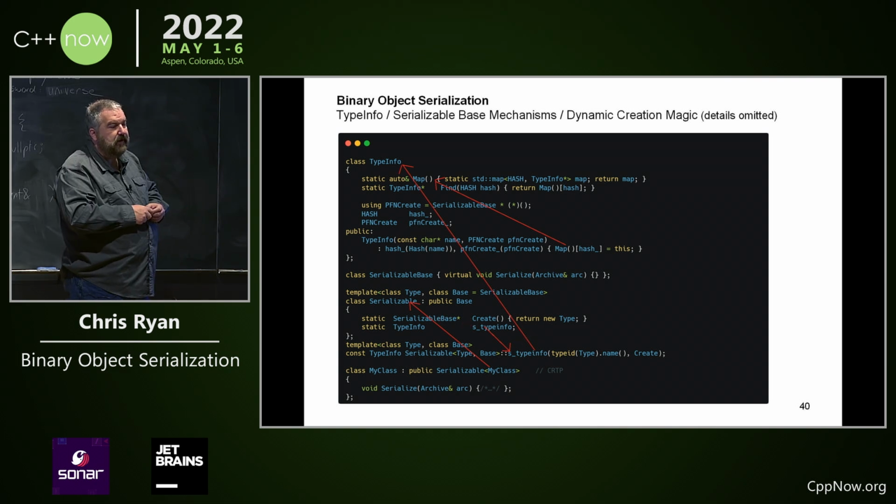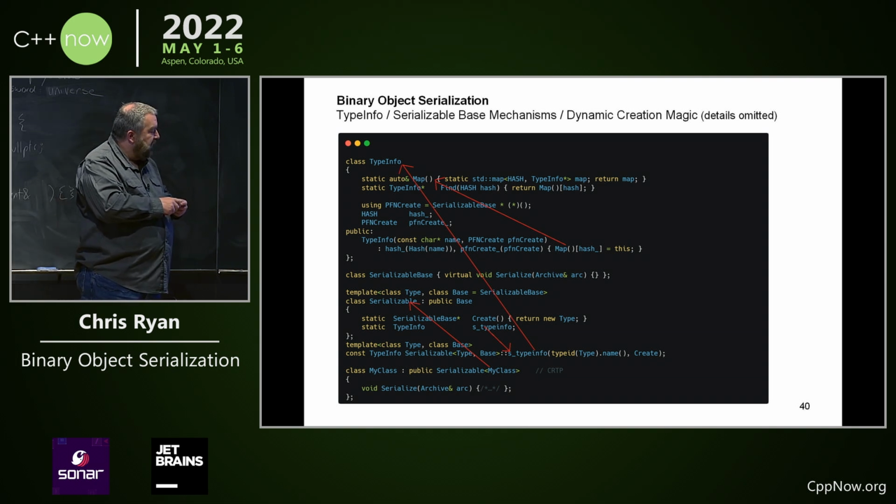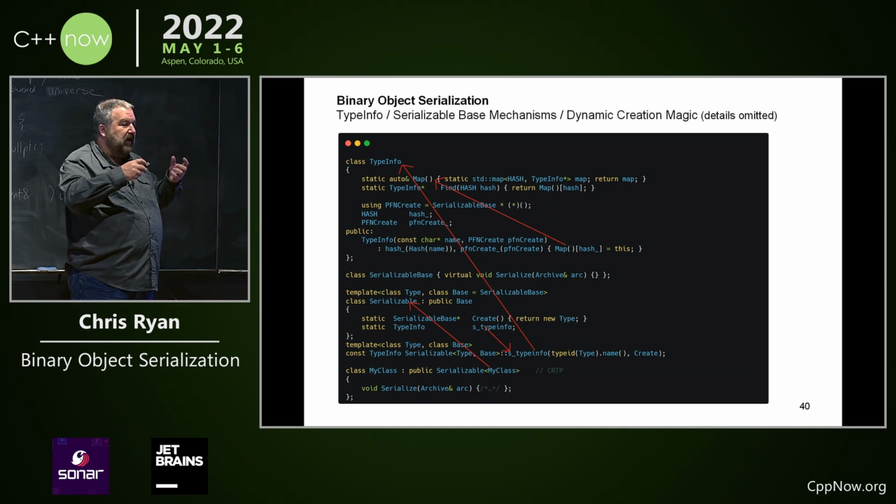Question on deriving from the my class. So if I have a my derived class, is it going to inherit from just my class, or does it also have to inherit from serializable? It itself, and I don't think I have a slide for this, but yes, it does. There's multiple layers of CRTP deriving from the CRTP template, serializable.